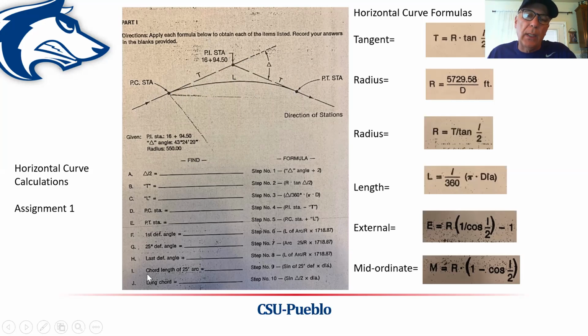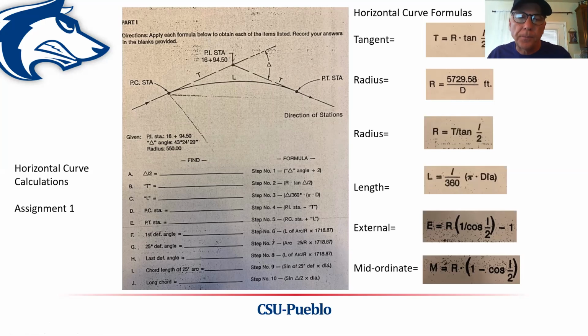Then items I and J here. The chord length for a 25-foot piece of arc length would be the straight line distance between the 25-foot pieces along the curve. The arc length is along the curve, so as for the chord, imagine stretching a chord tight: what would be the straight line distance between those?